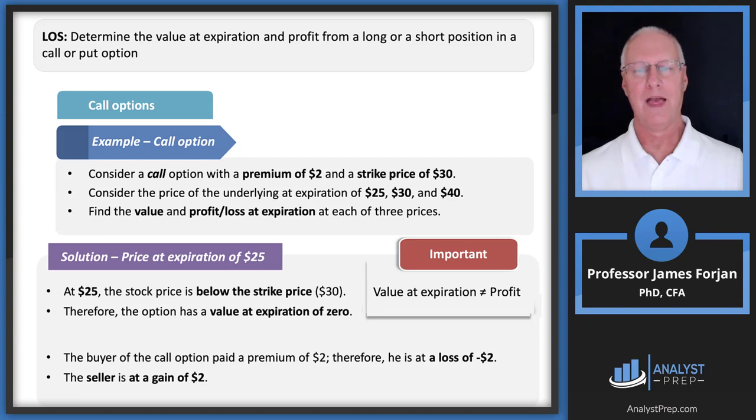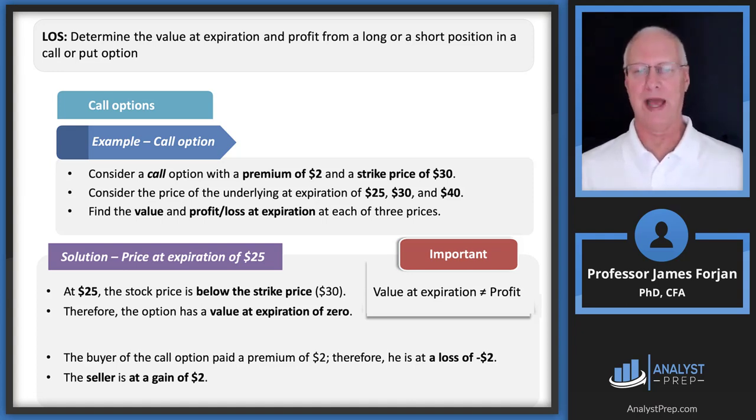So let's go ahead and start at $25. What do you have? You have the right, but not the obligation, to buy at $30 from me, right? So the question is, why would you pay me $30 when you can go to the New York Stock Exchange and buy it for $25? So what you do is you allow the option to expire.